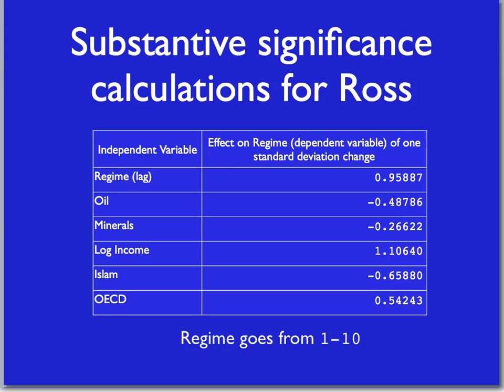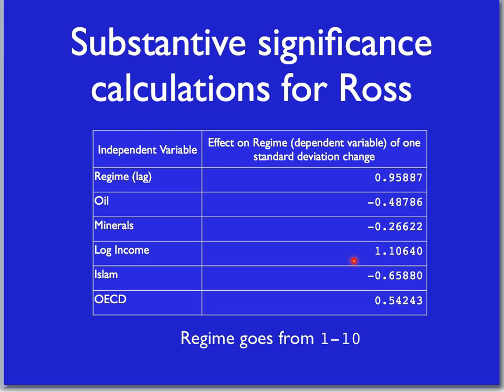If you do those calculations, however, what you find is that the two biggest effects in substantive terms are lagged regime, which doesn't surprise you, because after all, whether or not you were a democracy 5 years ago is a pretty good predictor of whether or not you're a democracy today, and also income, or GDP. And so that doesn't surprise us either, in light of what we saw in the first half of the lecture. Richer countries are more democratic.